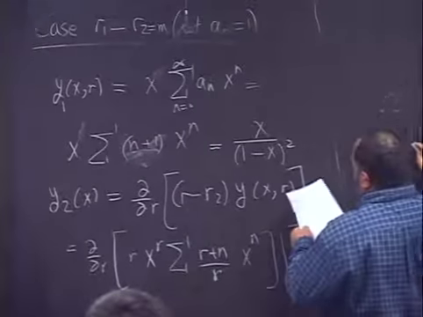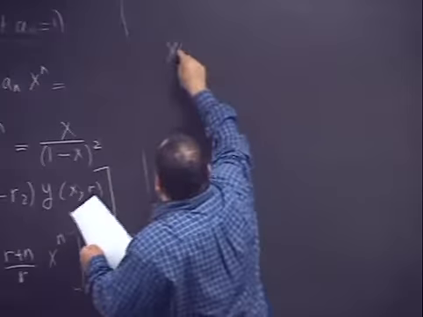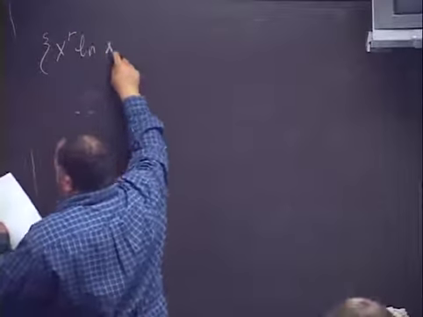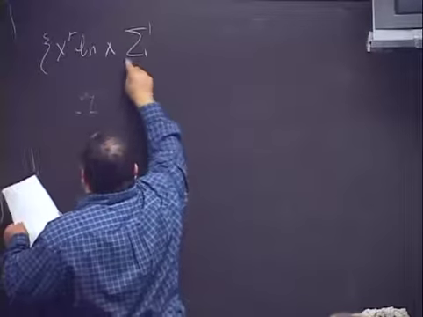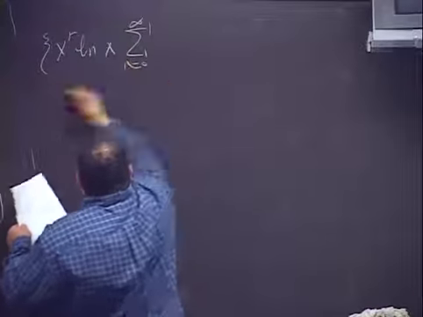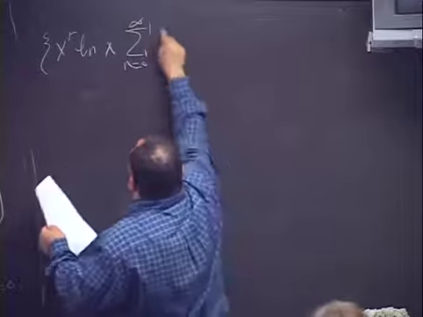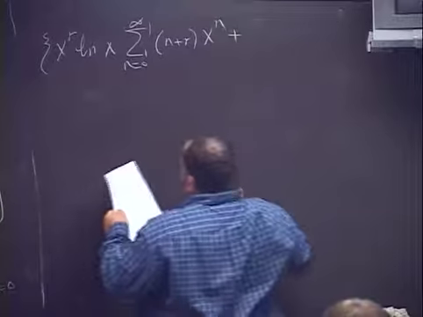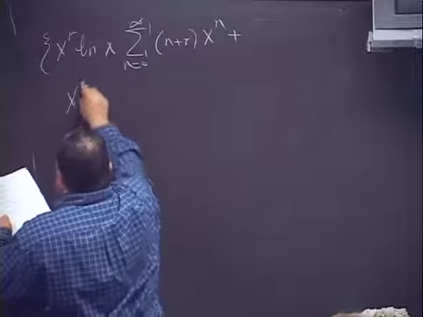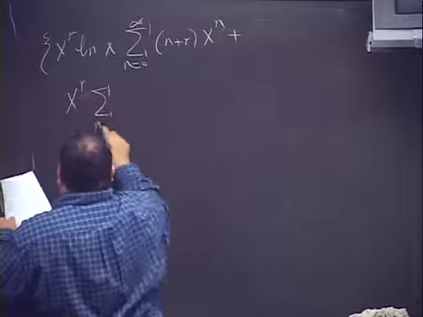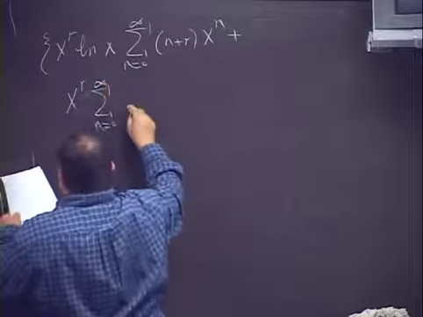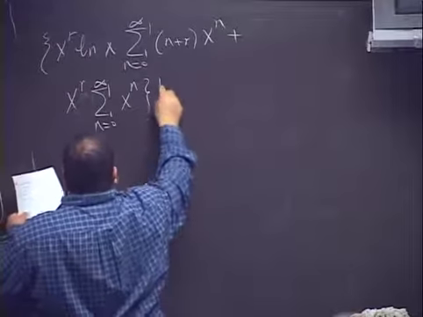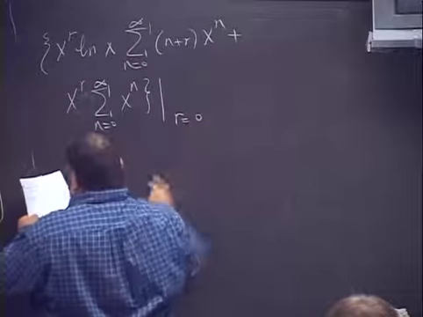this will give you the following after you differentiate: x to the power of r ln x, summation from n equal to 0 to infinity of (n plus r) x to the power of n, plus x to the power of r, summation from n equals 0 to infinity of x to the power of n, evaluated at r equal to 0.